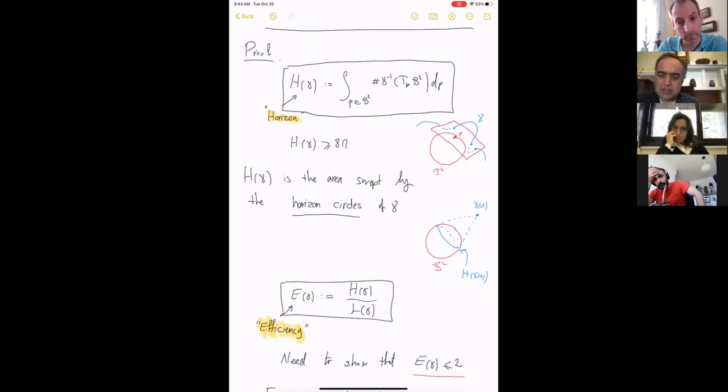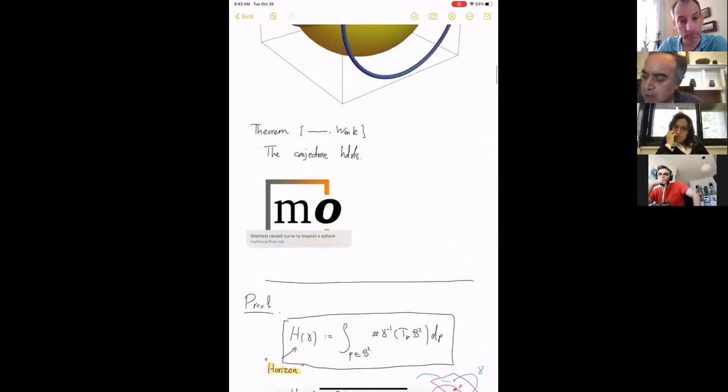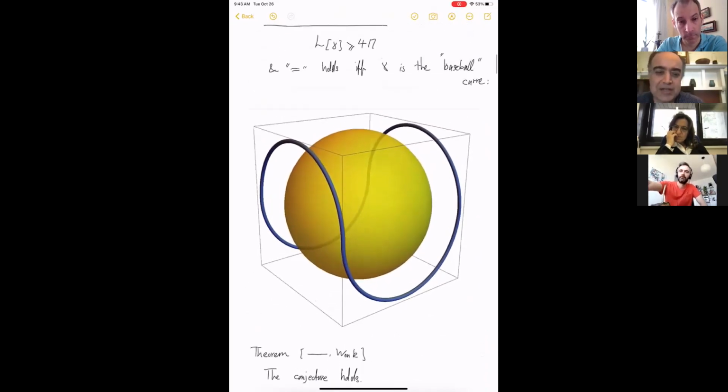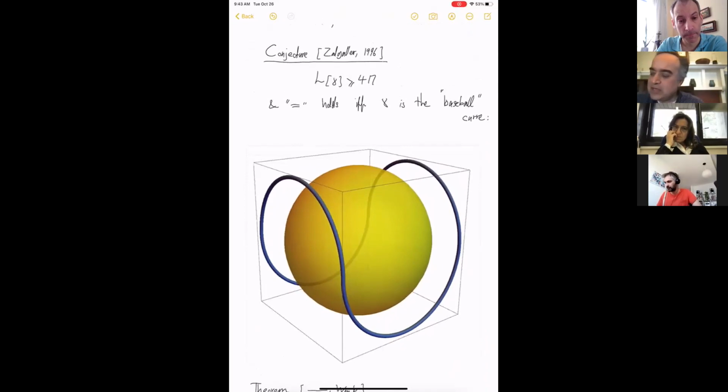To understand the meaning of it, suppose I have... I forgot to mention one thing. Before I continue, why is this problem called the inspection problem, and why was Geller interested in it? There is a kind of physical motivation.